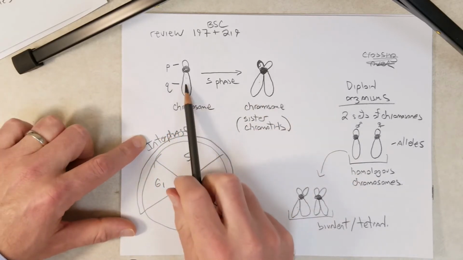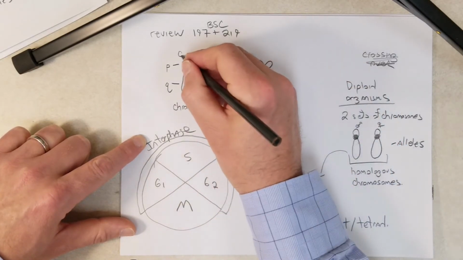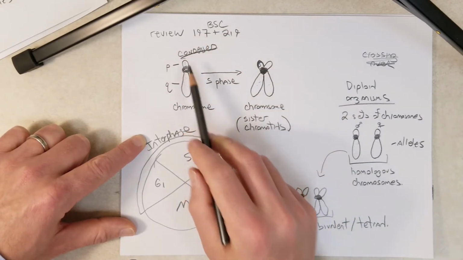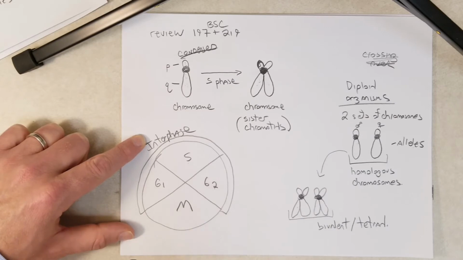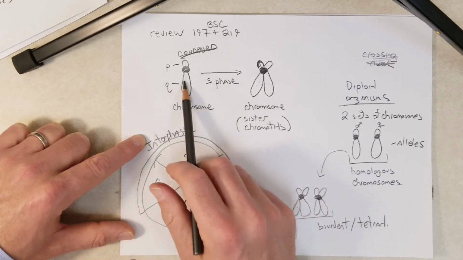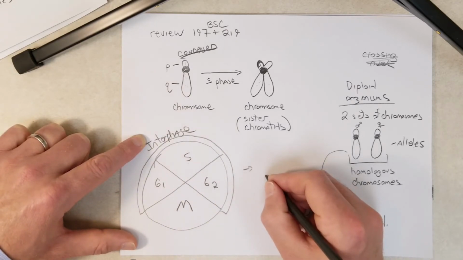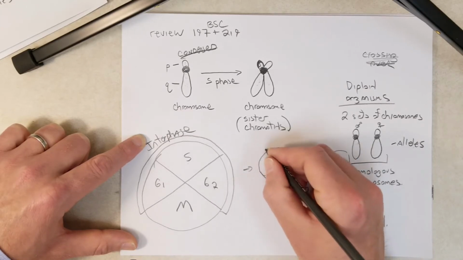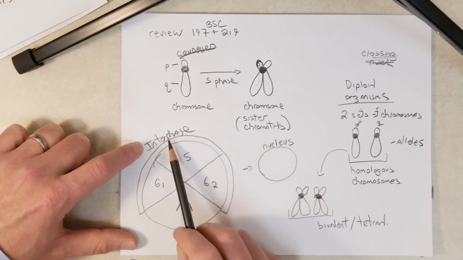And even though I tend to diagram the chromosomes in their condensed forms here, so this is a condensed chromosome, chromosomes are only found in the condensed state, right, during mitosis or meiosis. Most of the time they're decondensed, they're unwound. And a major area of research is involved with trying to understand how chromosomes are arranged in the nucleus during interphase.